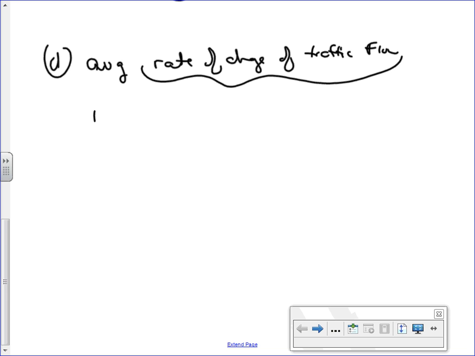So, 1 over b minus a, the integral from a to b. You need to put something in here that's the rate of change of the traffic flow. What do you write down? F prime. Okay. But can you see how that would be easy to confuse? Yes?